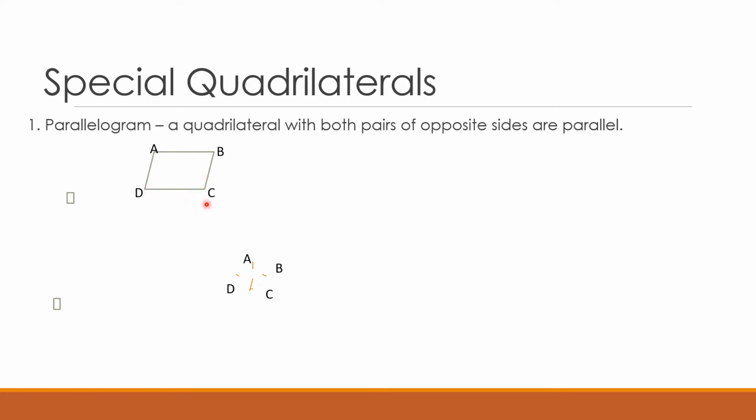If quadrilateral ABCD is a parallelogram, then segment AB is parallel to segment DC, and segment AD is parallel to segment BC. They are parallel.